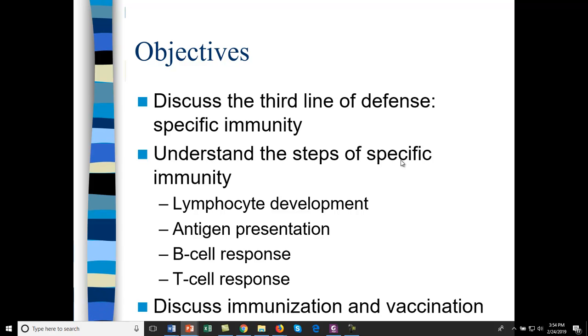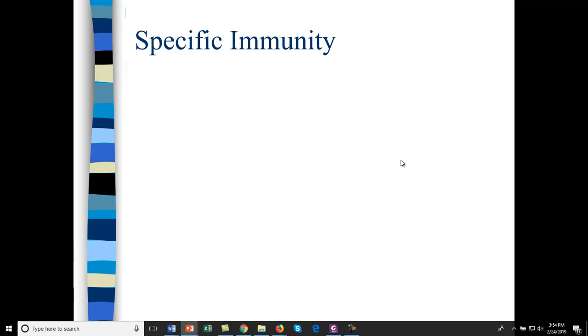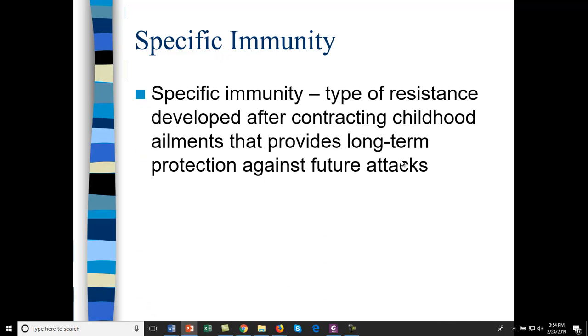Okay, and then we'll discuss immunization, which is the process where the body becomes immune to a particular pathogen, and vaccination, which is the artificial means which can result in immunization. So specific immunity is the type of resistance that you get after you contract ailments in childhood, or you can contract ailments as an adult, and this provides long-term protection against future attacks.